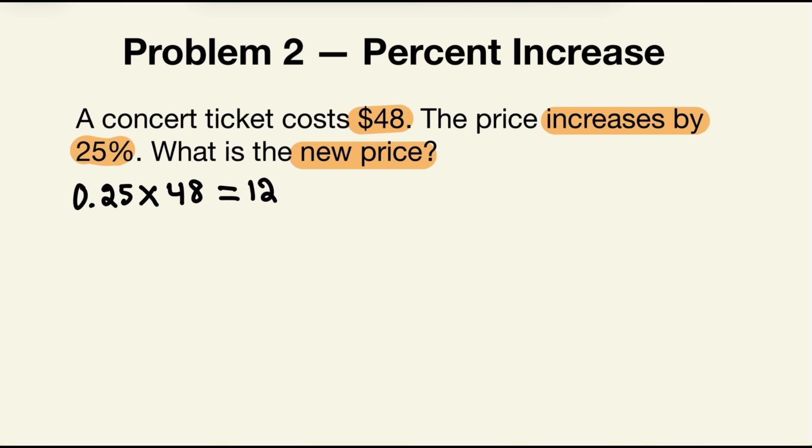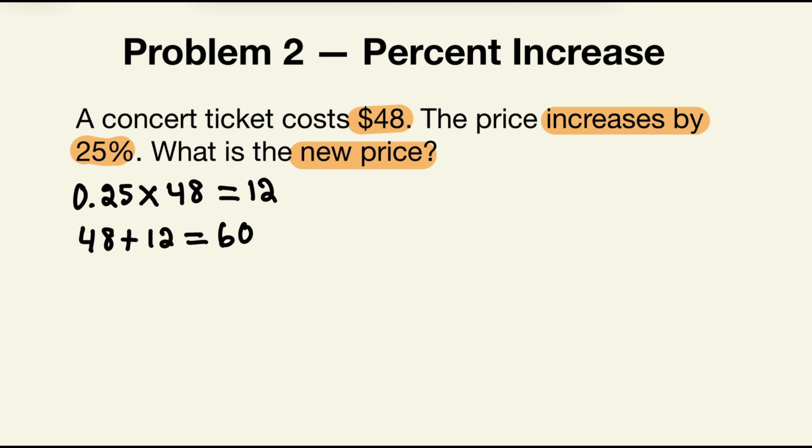But we are not finished yet. The question asks for the new price, meaning that we need to add 48 plus 12. So the original price that the concert ticket costs plus the increase in price of $12, which equals 60.